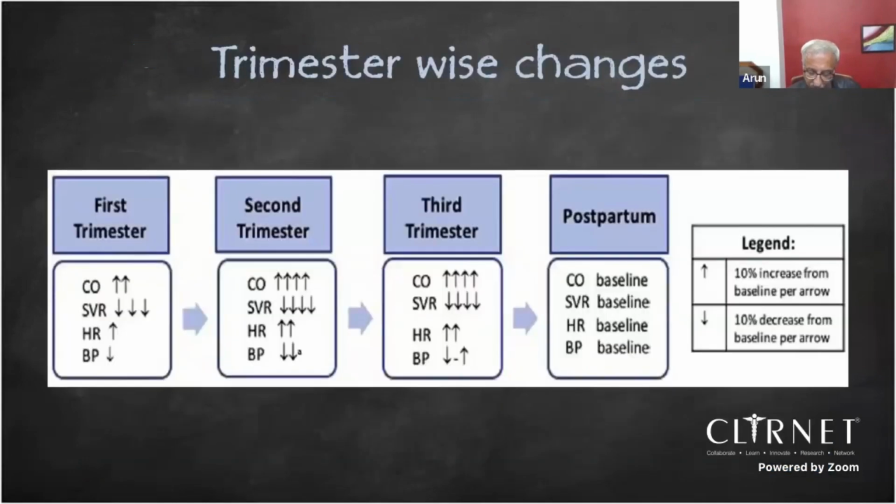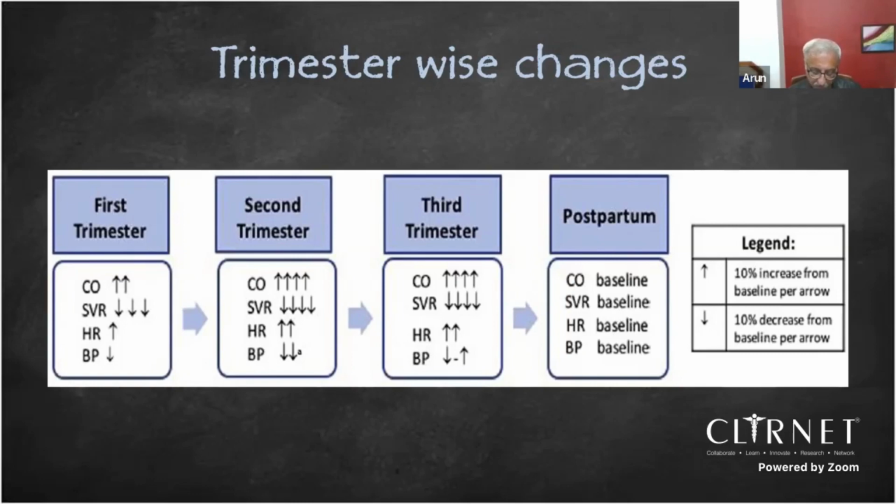So now what are the changes trimester wise? In first trimester, cardiac output increases, systemic vascular resistance decreases, heart rate increases. This is all in normal pregnancy. Blood pressure decreases. In second trimester, cardiac output increases further, vascular resistance decreases further, heart rate increases, blood pressure decreases.